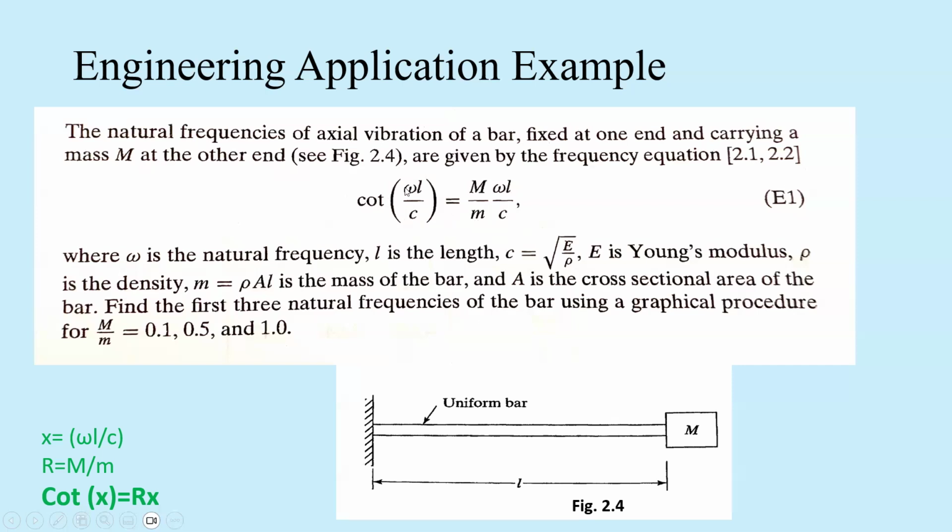If we assume omega L over C as x, we can write cotangent x equals, we can consider m over M as r, equals r times x. Now we have two functions, one is a cotangent, another one is a line. And what is the slope r? It is 0.1, 0.5, and 1.